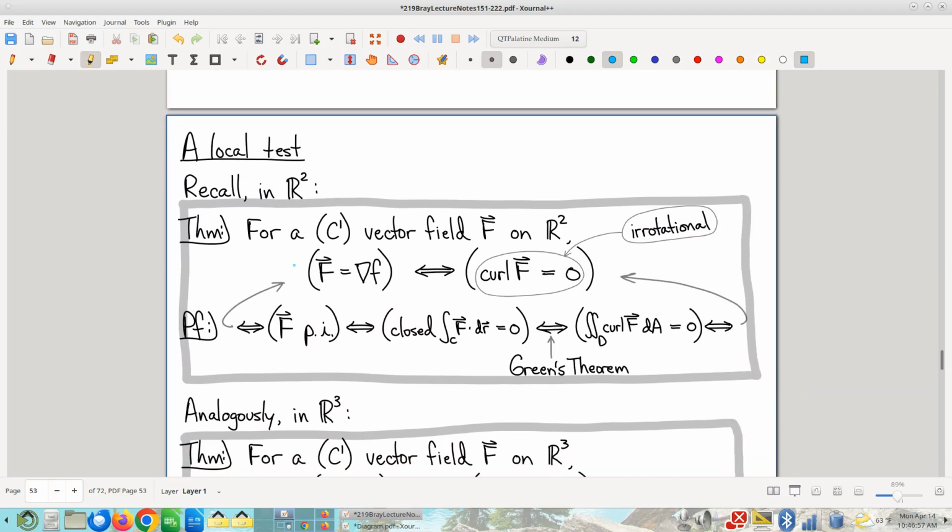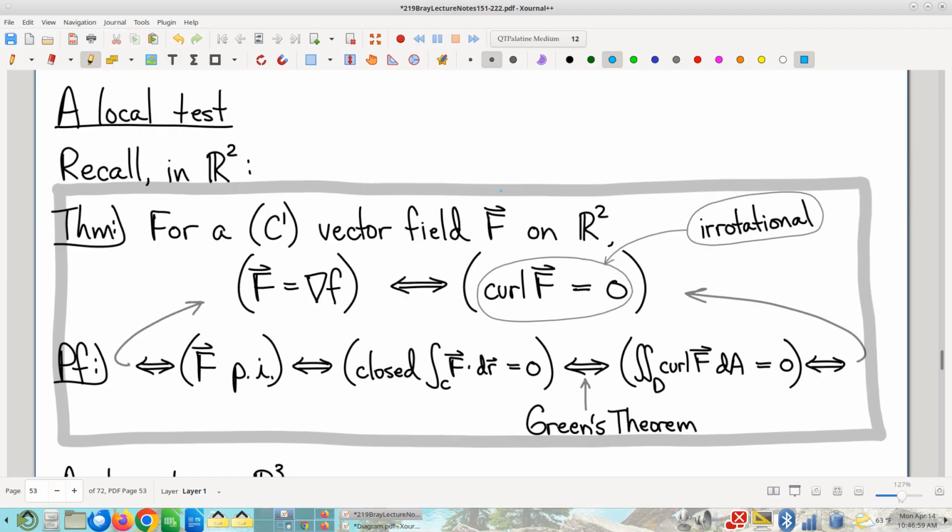All right, moving along. So y'all remember this theorem. This is what I call the local test for path independence, or a local test for whether or not a vector field is a gradient. Very important, of course, to know if a vector field is a gradient.